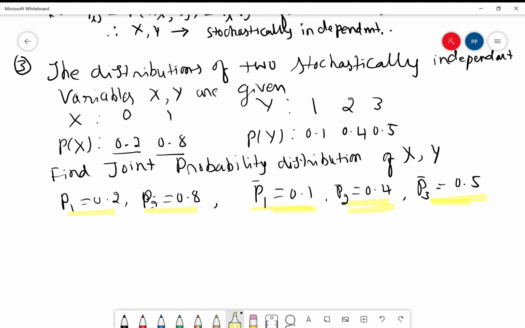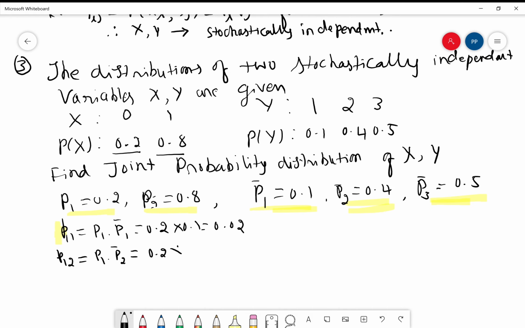Now we'll find out. P11 equals P1 into P1 bar, 0.2 into 0.1, 0.02. P12 equals P1 into P2 bar, 0.2 into 0.4, 0.08.